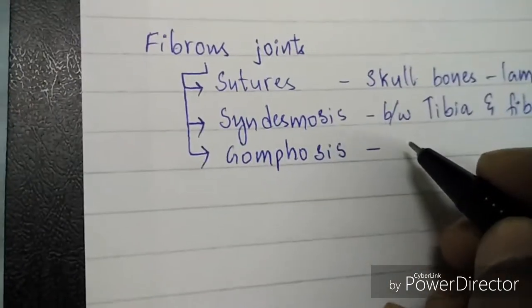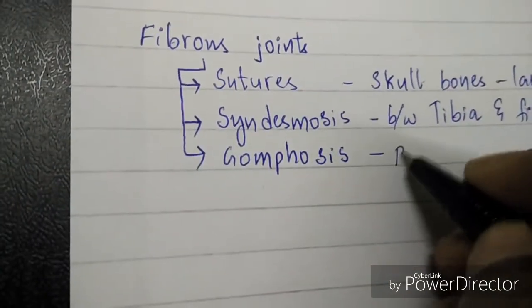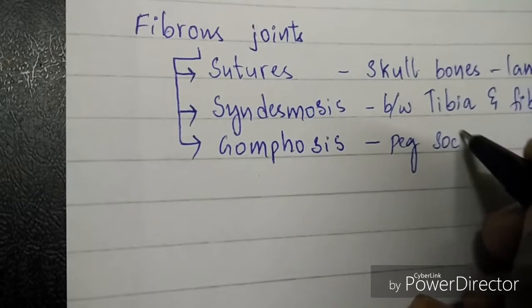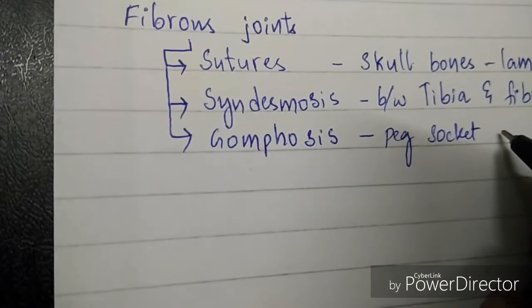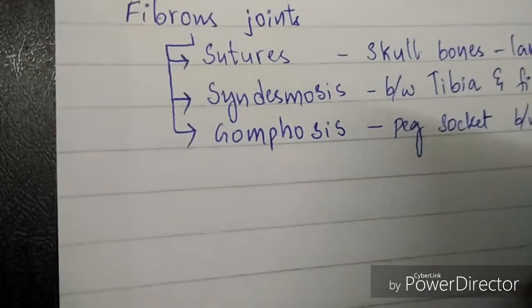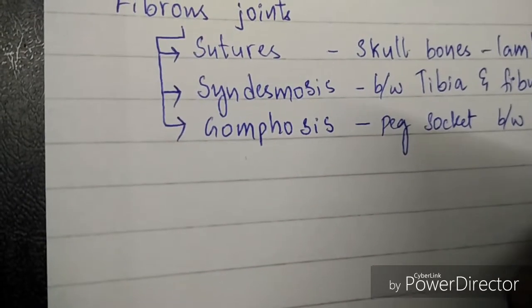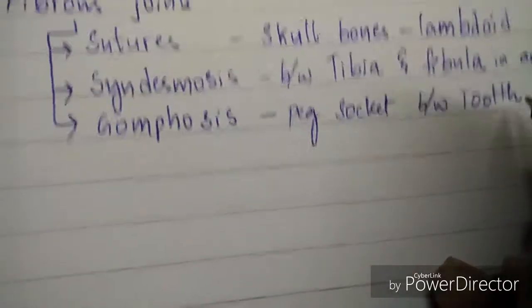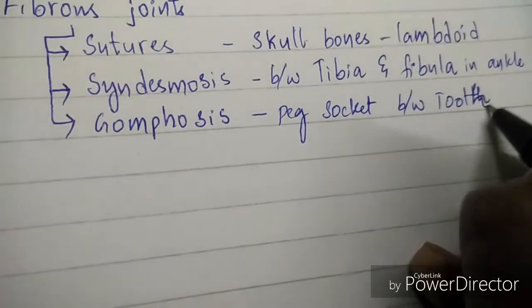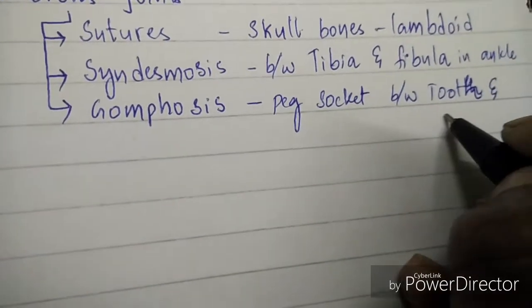Gomphosis, these are peg and socket joints between tooth and socket.